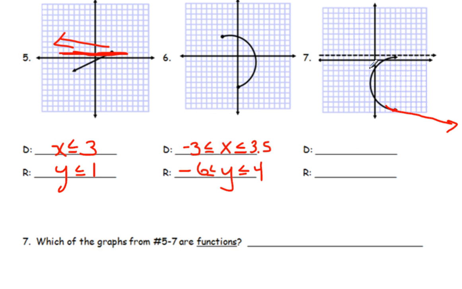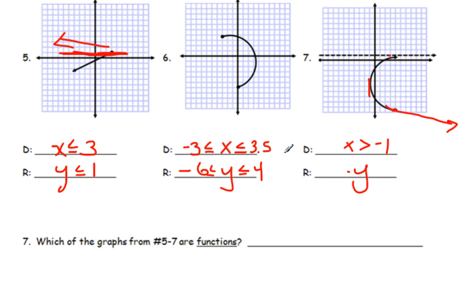But so the domain, the smallest value is right here. So x is greater than negative 1, because it goes to the right. And it goes on forever to the right. For the y's, the largest number is going to be almost 1. So it's bigger than the, I'm sorry, positive. I don't know why I wrote negative 1.